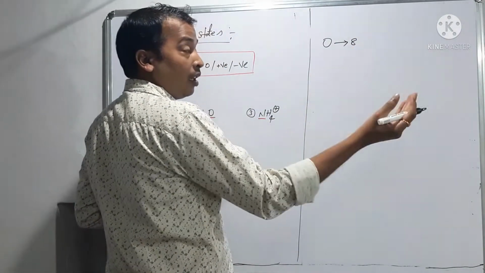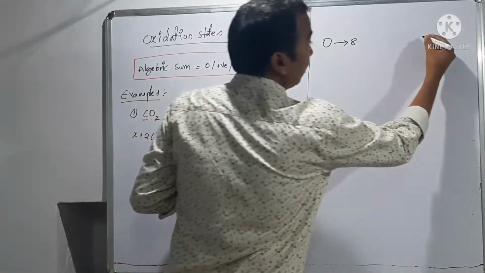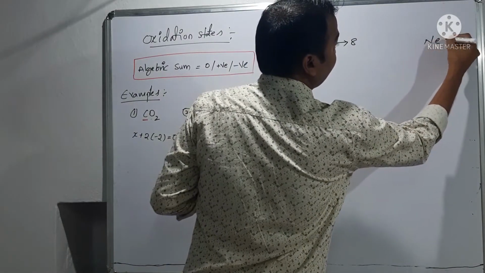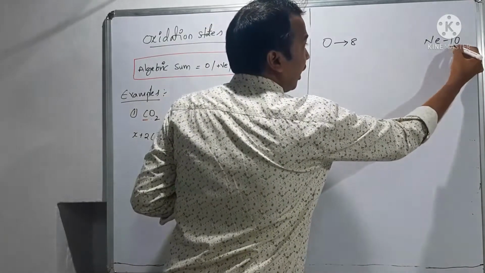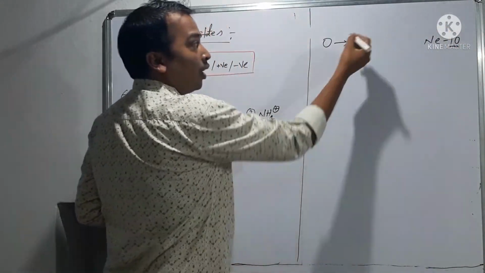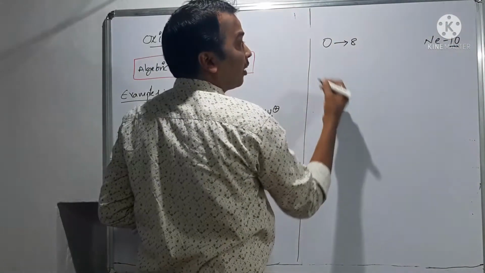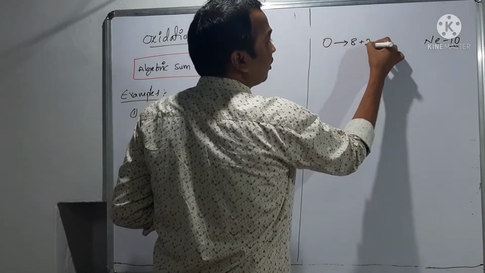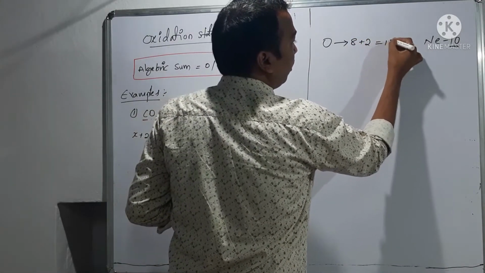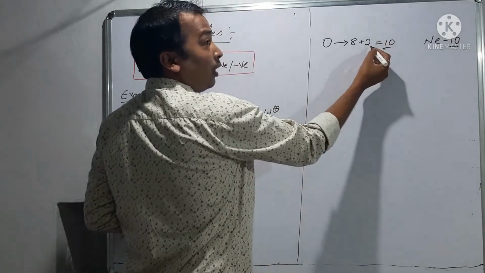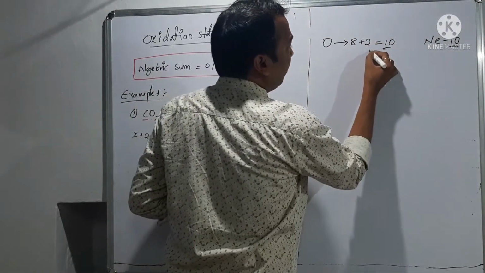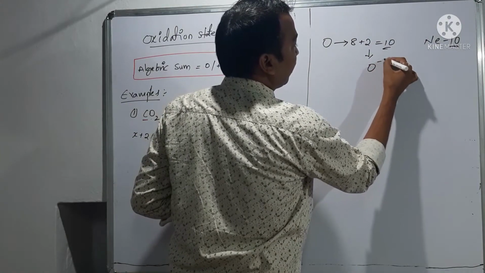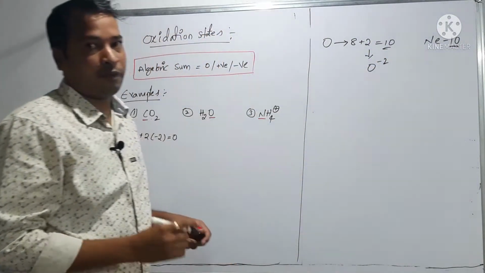The next noble gas element is neon, which has atomic number 10. To reach 10, oxygen requires 2 electrons. We know that electrons carry negative charge, so oxygen gets a -2 charge.